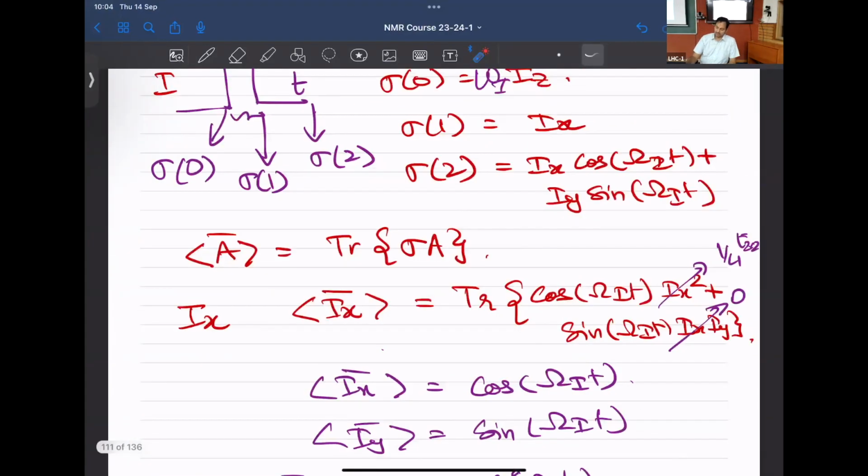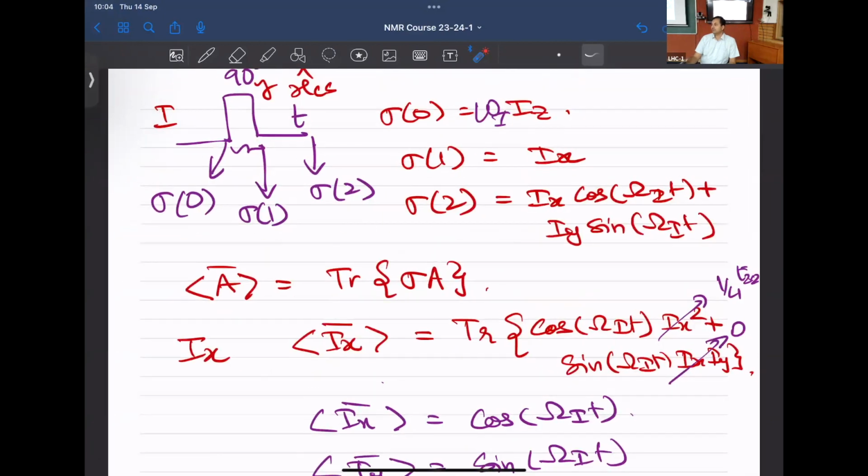Do you remember this discussion where we started from equilibrium and applied a 90-degree pulse for a simple system, H2O, where there is no scalar coupling, only chemical shift? You applied a 90-degree pulse, Iz becomes Ix. And then during the time that's present, you just have chemical shift evolution that goes as cos omega it and sin omega it for the orthogonal component.